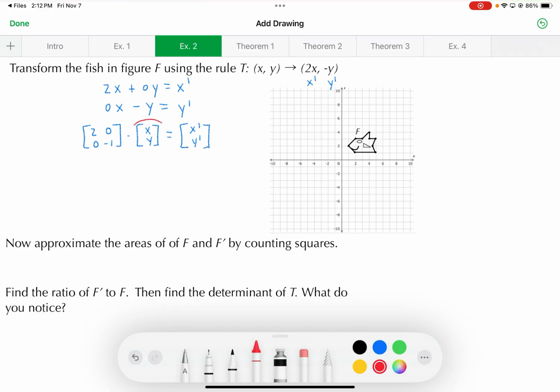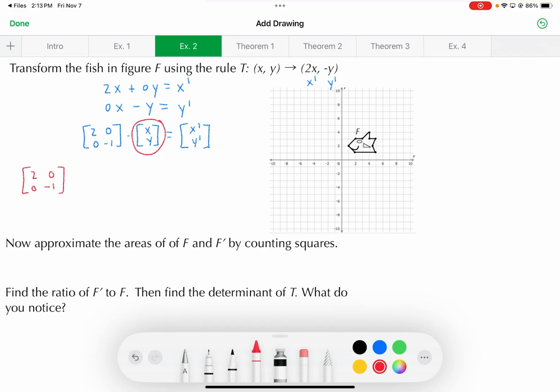And I can make this have as many columns as I need it to, right? Depending on the number of vertices in the figure that I'm trying to transform. Okay, so carry down that 2, 0, 0, negative 1.